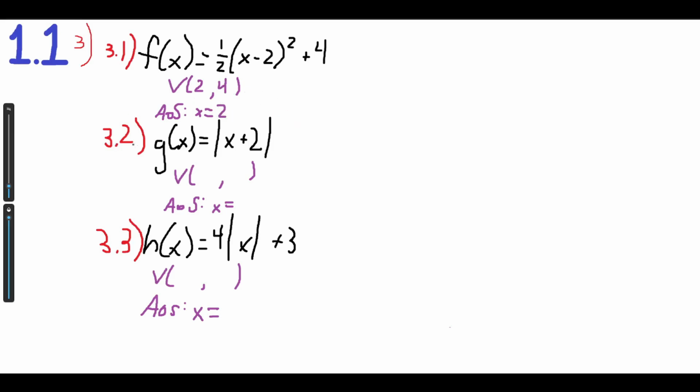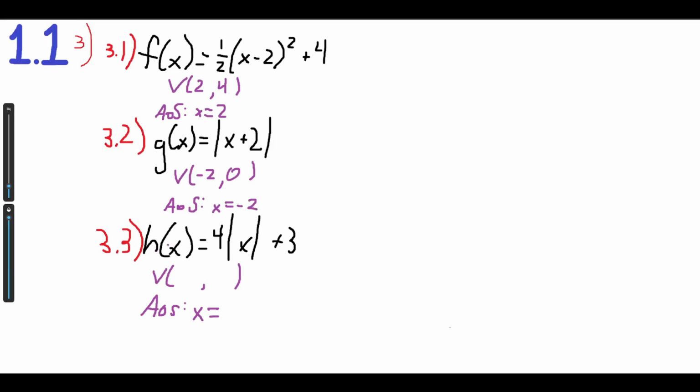Next up for 3.2, we have g(x) equals the absolute value of x plus 2. I don't see any a value or k value. However, I do see plus 2. And since the equation is written as x minus h, this must be negative. So the vertex is at (-2, 0), and the axis of symmetry is at x equals -2.